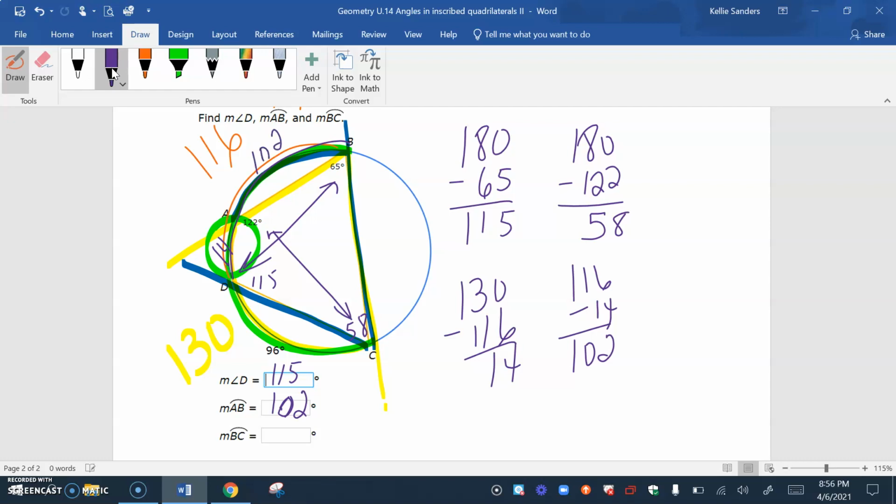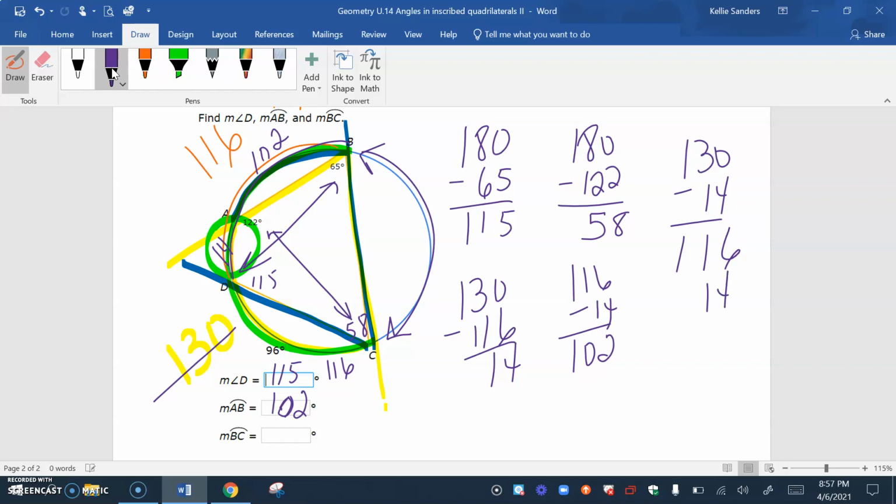So this would be 102. And 130 minus 14 would be DC. So this is 116. And BC is what's left. So 116 plus 14 plus 102, 360 minus 232, 158.